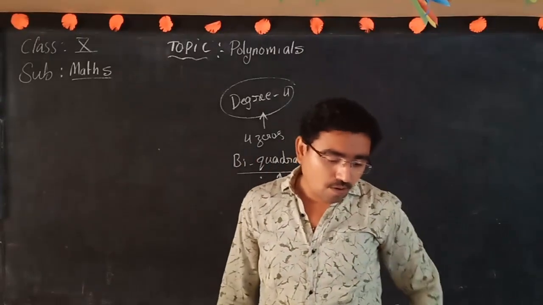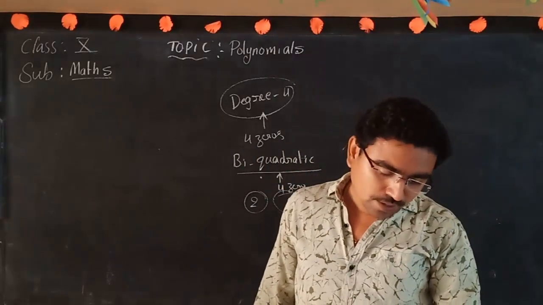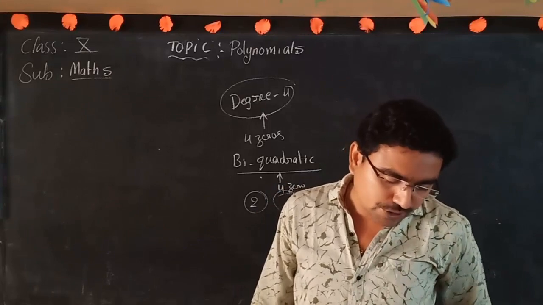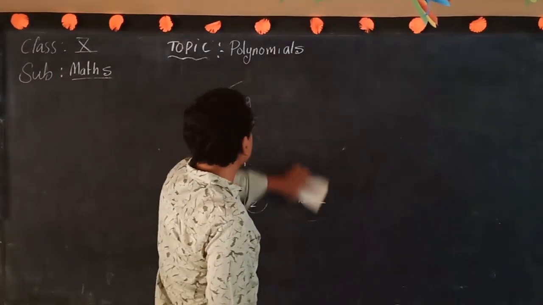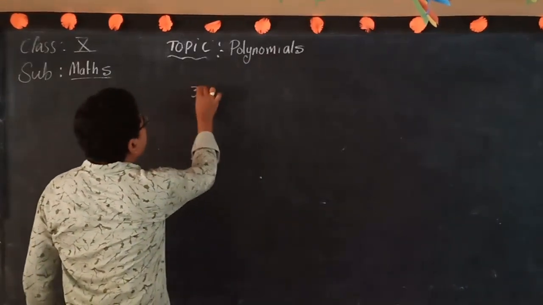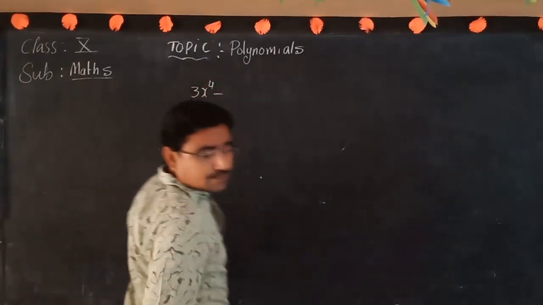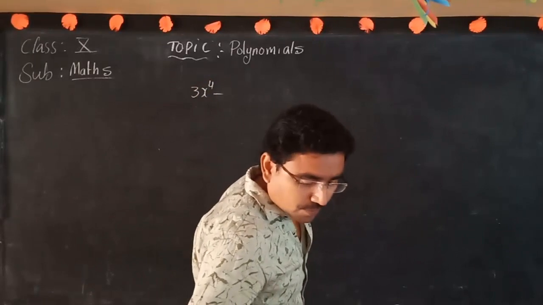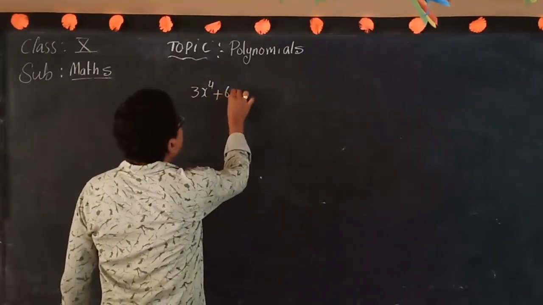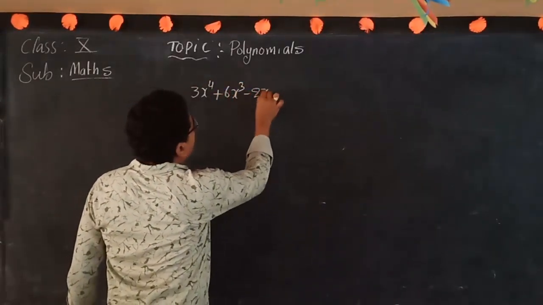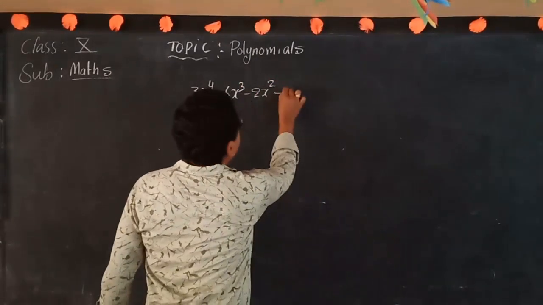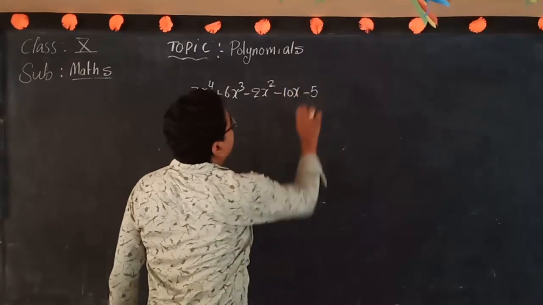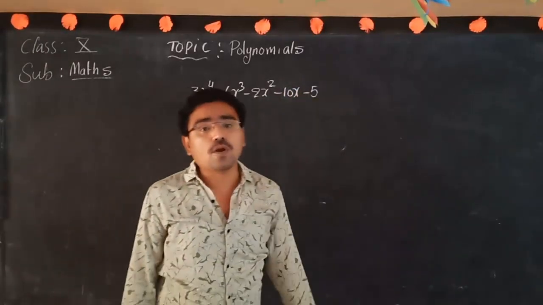Obtain all other zeros of 3x power 4 plus 6x cube minus 2x square minus 10x minus 5. Okay, this is the biquadratic polynomial.